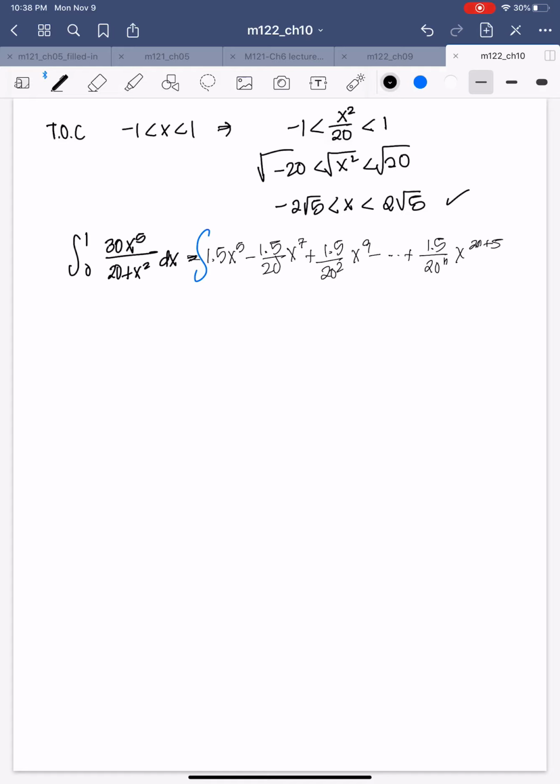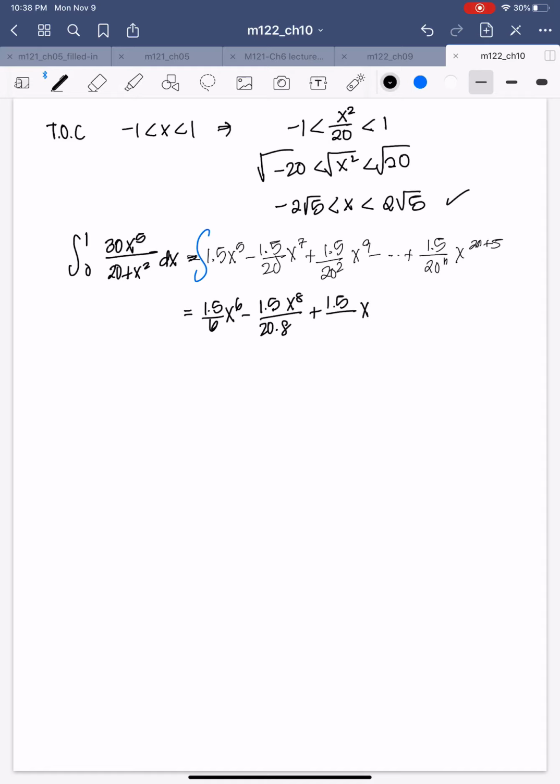So what's the first term? Raised power divided by the new power. So adding 1 more to the 5, 6. So 1.5 over 6, x to the 6. Next one, 7th, now raise it to the 8th power divided by the new power, x to the 8th, 20 times 8. Next one, 1.5.